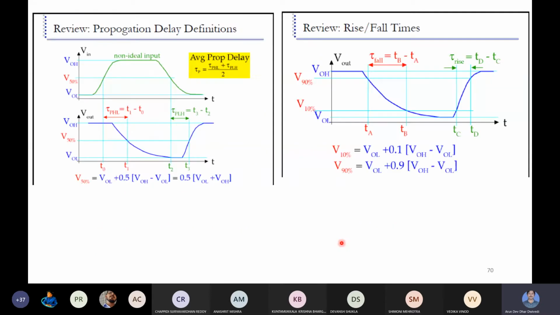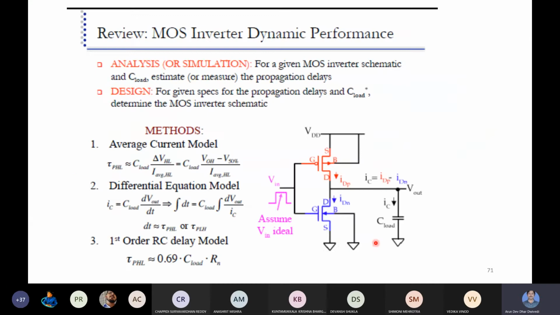So now I can calculate rise time and fall time if I have all the idea of the circuit. This C load includes the interconnect capacitance, the next stage gate capacitance, and the internal capacitances from the PMOS and NMOS drains. Everything is included in this C load.